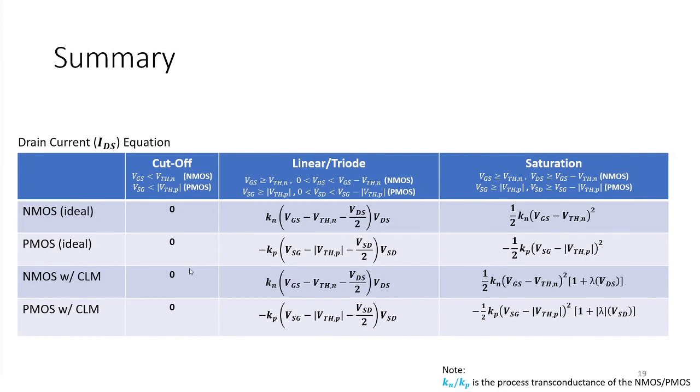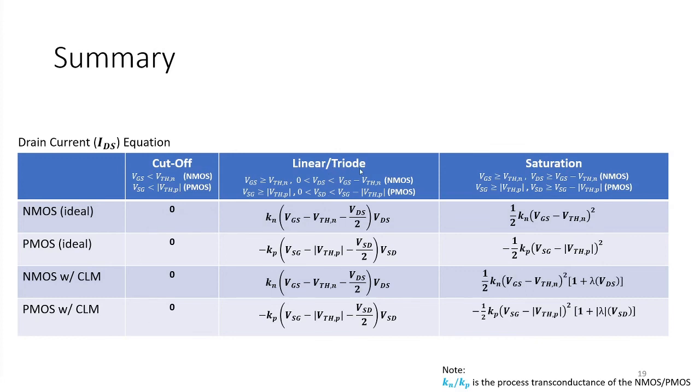So in summary, this lecture converts the physics behavior of the MOSFET into its equivalent current and voltage equations. This table shows everything that you need to know about the MOSFET. When the MOSFET is in cutoff, the current is always 0.